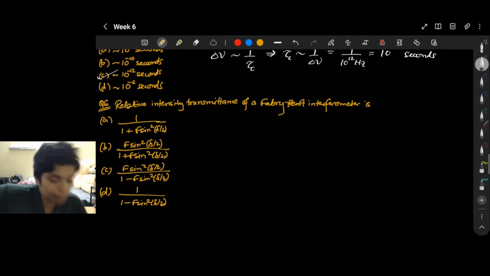We discussed the Fabry-Pérot interferometer in the very first question of today's assignment. So you could go back and review that question before coming to answer this question.